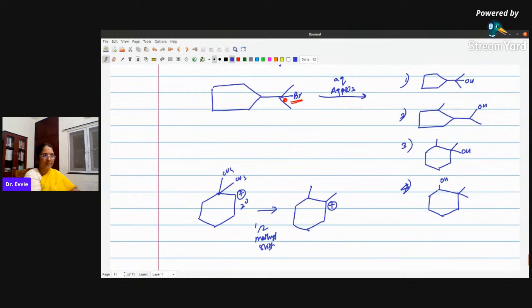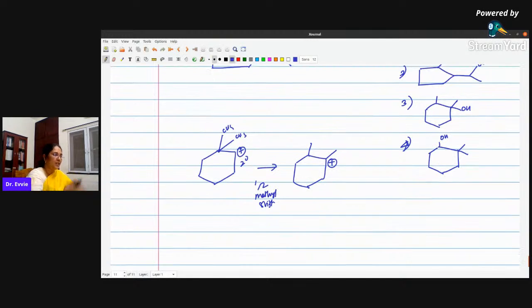Now that has become a tertiary carbocation. So now you add the OH here and you will get the product, with CH3 and OH. So your option 3 is right. I hope it is clear. So this is all about ring expansion.